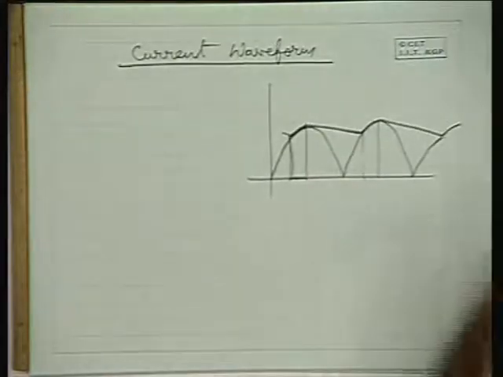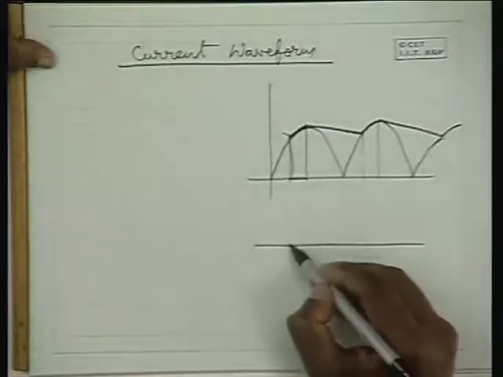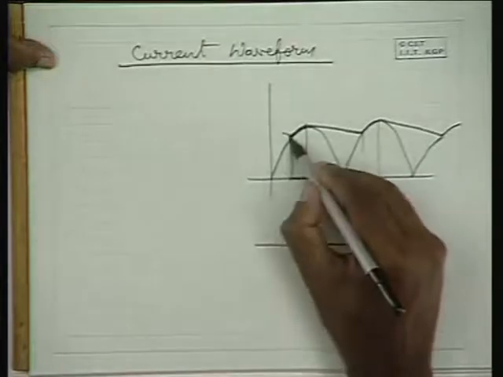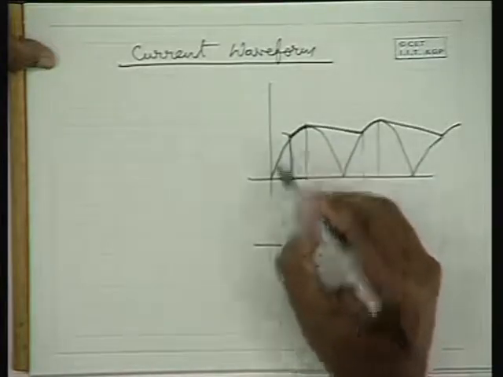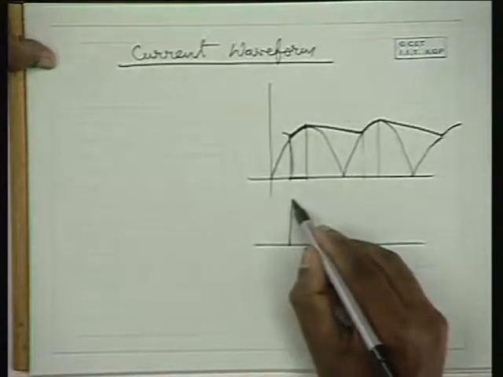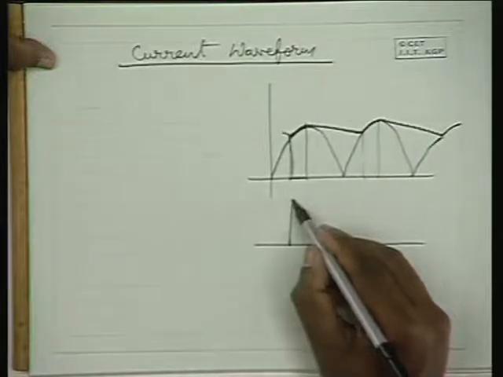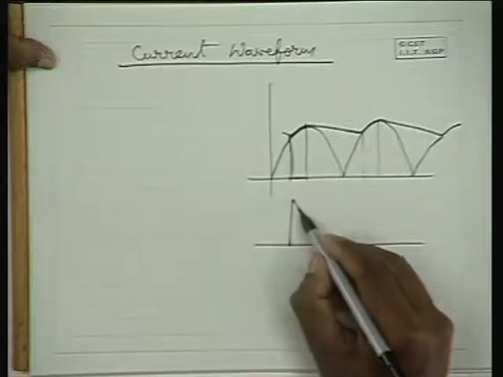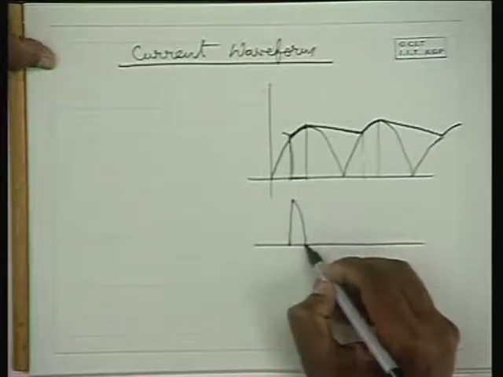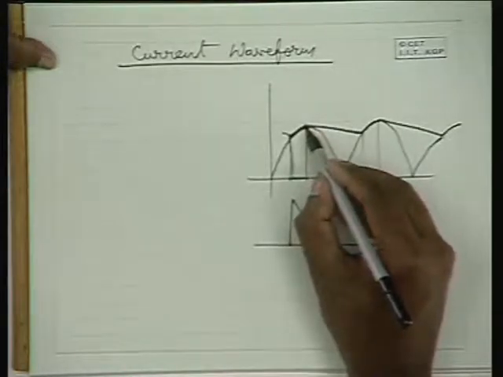And if you look at the current waveform across the diode, you will find that it is like this. Suddenly it becomes forward biased at this point, and the current jumps, and it keeps charging. A huge amount of current flows through the diode to charge the capacitor, because the capacitor is very large. As the capacitor gets charged, the current through the diode goes down, and it becomes 0 at this point, because the capacitor is already charged to Vm and the input voltage is Vm.